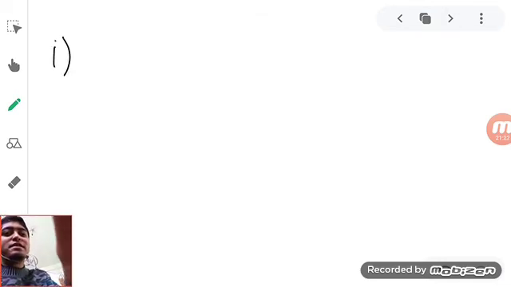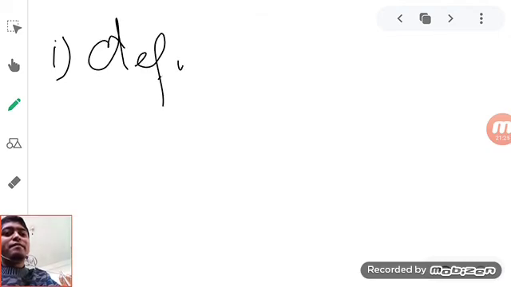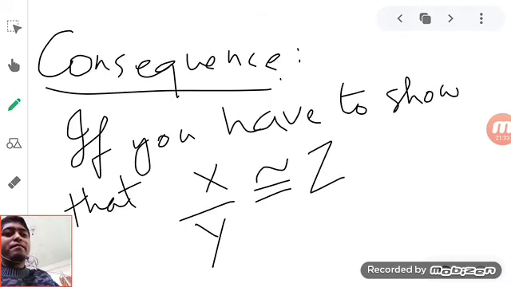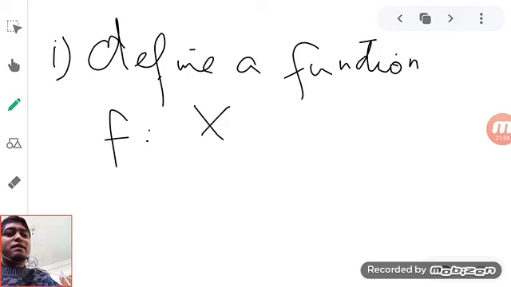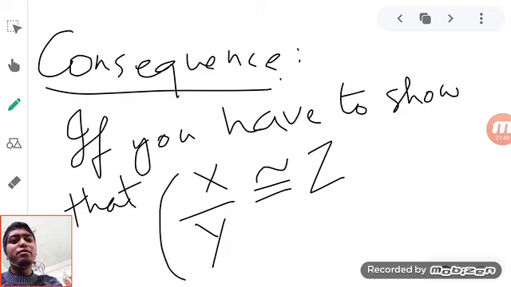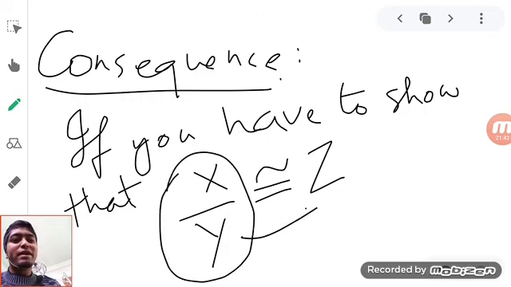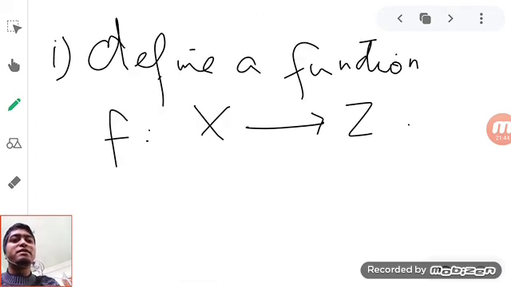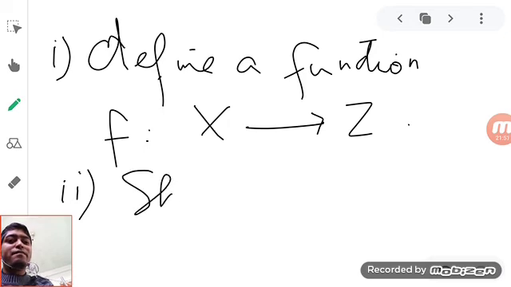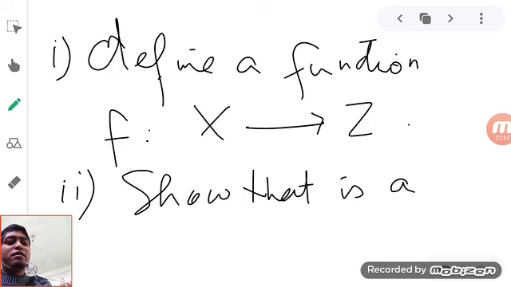So the first stage is we will define a function f from X to Z. We will no longer define directly from X by Y to Z. What we will do is define a function f from X to Z. The second stage is we will show that f is a homomorphism.